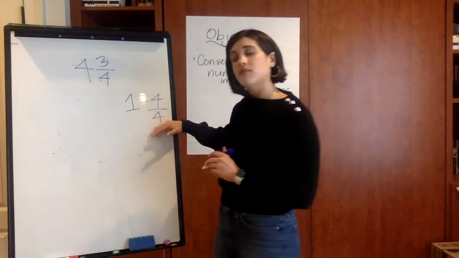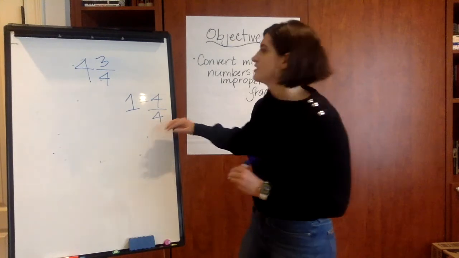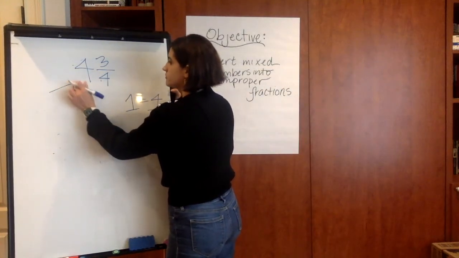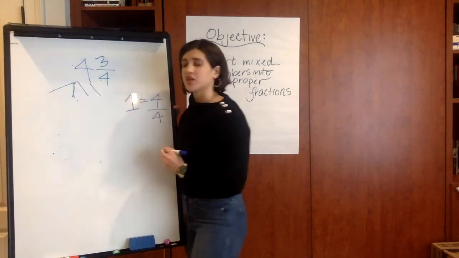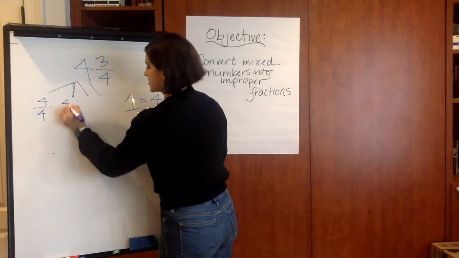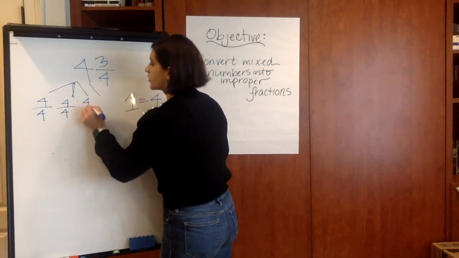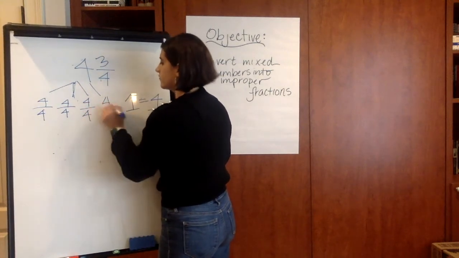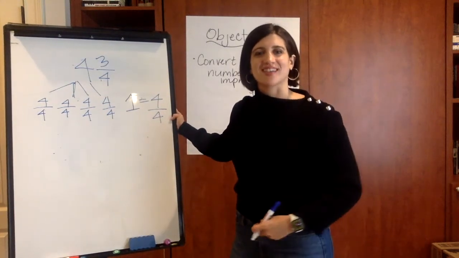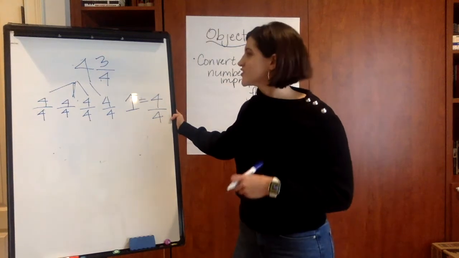Therefore, I need 4 4/4. So I break it up or decompose my 4 into 4 fractions that equal 1. So I have 4/4, a second 4/4, a third 4/4, and a 4 4/4. And yes, I agree with you, Miss Martinez has said 4/4 a lot in this video.